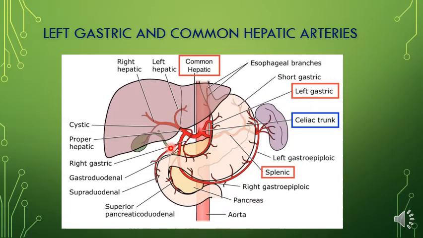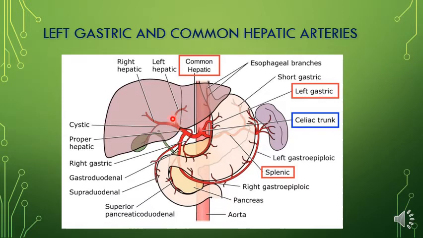Now close to the porta hepatis, the hepatic artery proper divides into right and left. This is the right hepatic artery, and this is the left hepatic artery. Close to the porta hepatis is where there is entry of the hepatic artery and portal vein into the liver and exit of the bile duct.